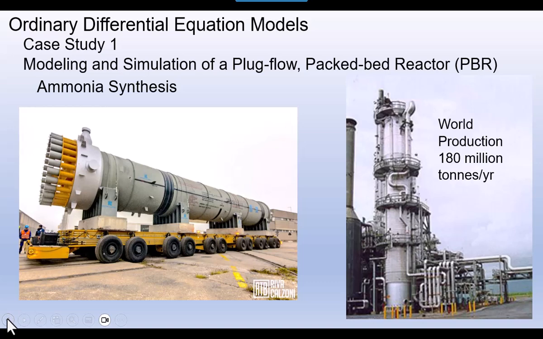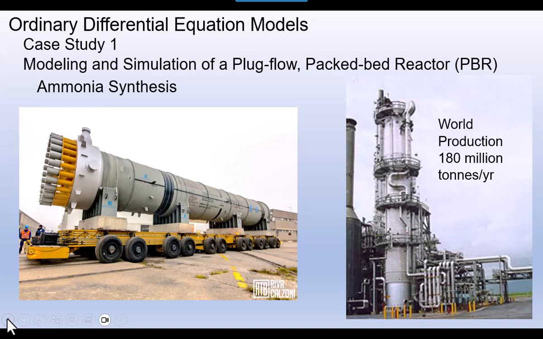You can see it here on the left on a trailer with a couple of individuals standing off to the left, to give you an idea of the size that we're talking about. And then on the right, a reactor that's in place vertically. And we note there that ammonia is produced in very large quantities worldwide, 180 million metric tons per year.